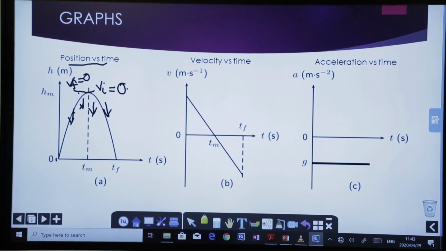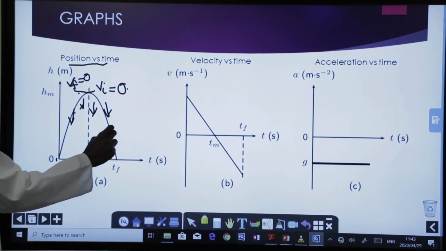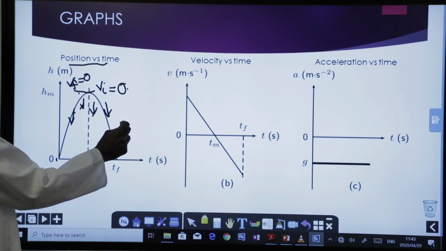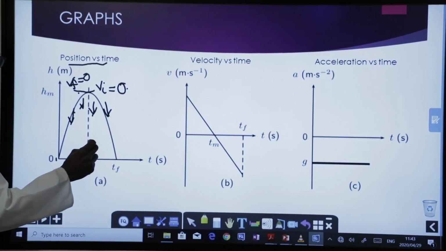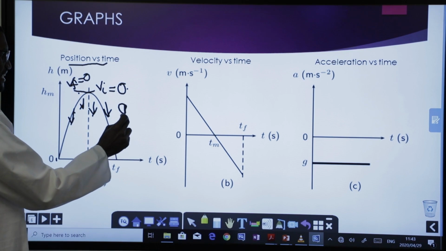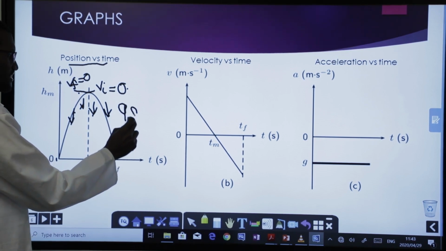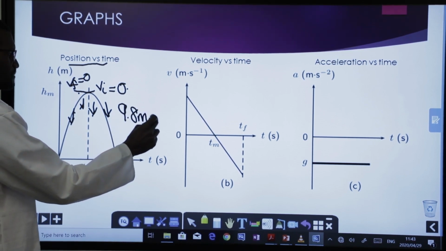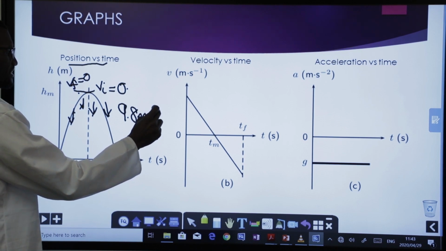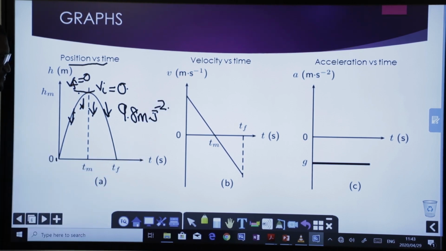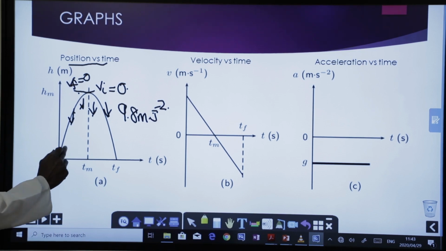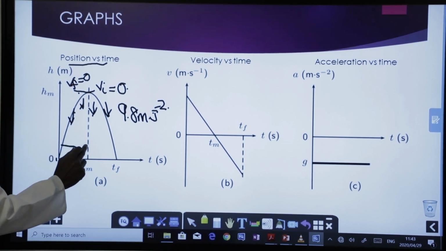there is a force acting on the object, and that force is, yes, the force of gravity with an acceleration of 9.8 meters per second squared. Now, as you can see, there is a symmetry of time.